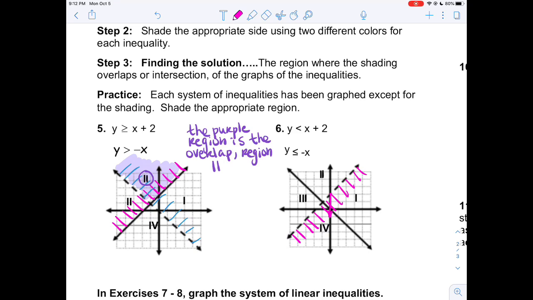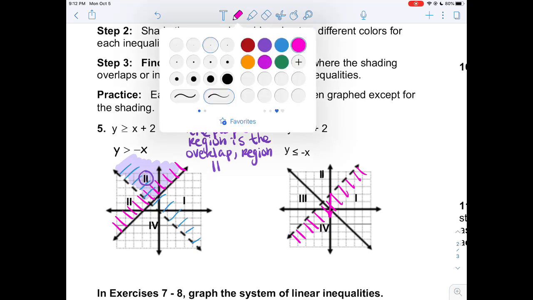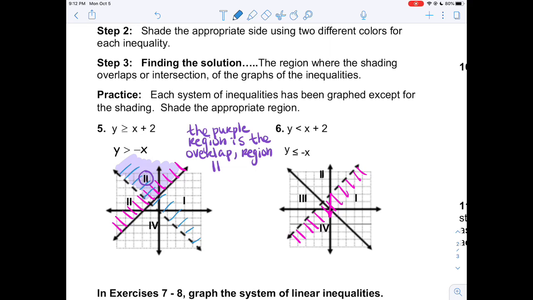For the second one, I have y is less than or equal to negative x. It goes through the origin because this could be a plus 0. So there is the y-intercept at 0. And so that is our solid line. Our solid line needs to be getting lower and lower y values as well.